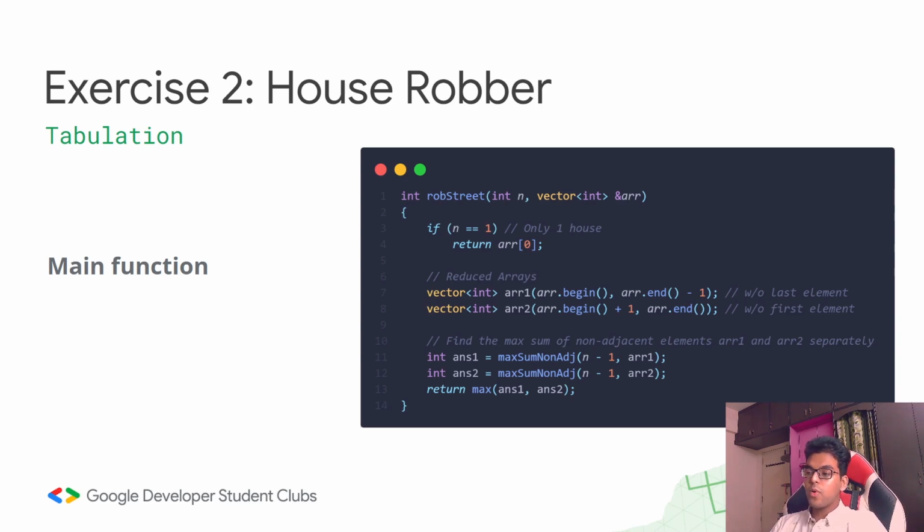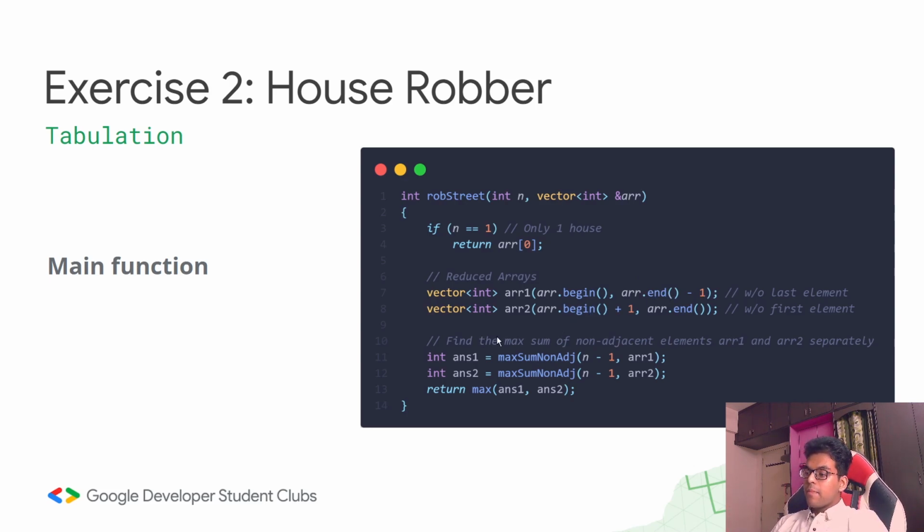Now suppose there are more than one houses. We have to reduce the array into two. The first array contains all elements except the last element, and the second array contains all houses except the first house, which is denoted by these statements. arr.begin returns the read-write iterator to the first index, and arr.end returns the read-write iterator to the last index, minus 1 being to go to the 0 to n minus 2th element.